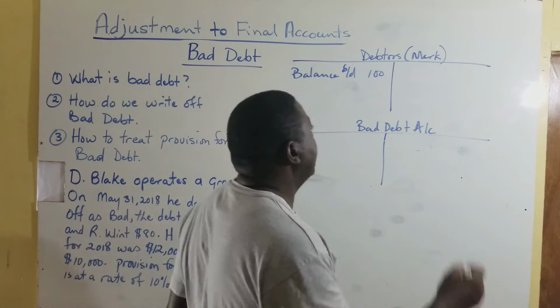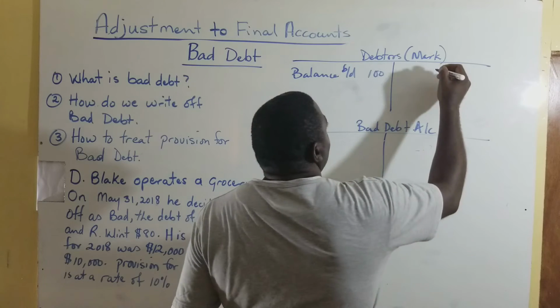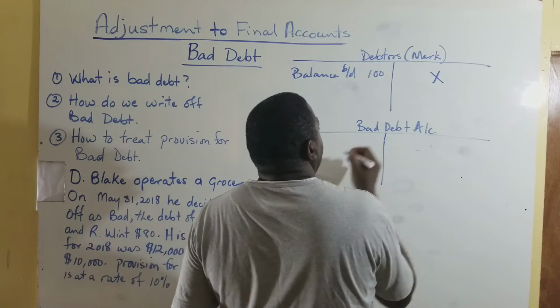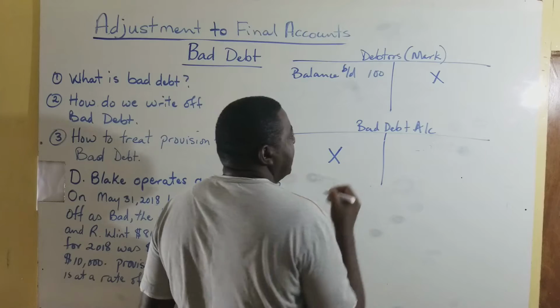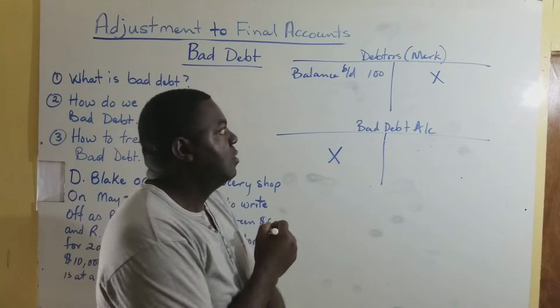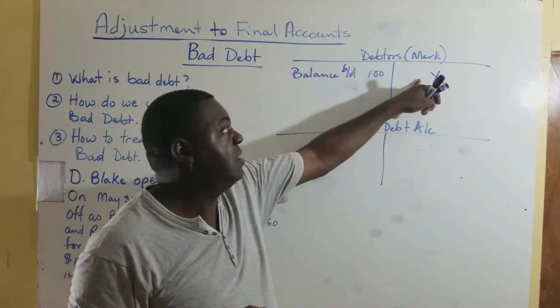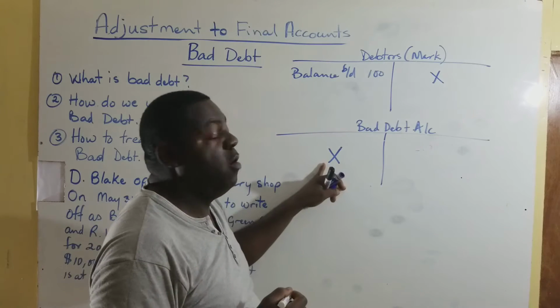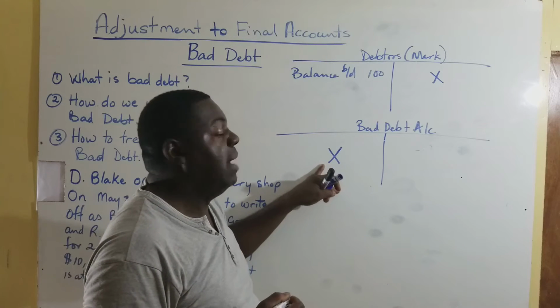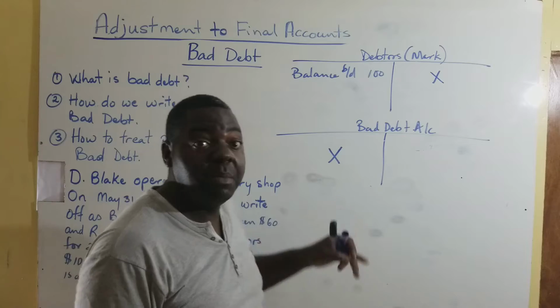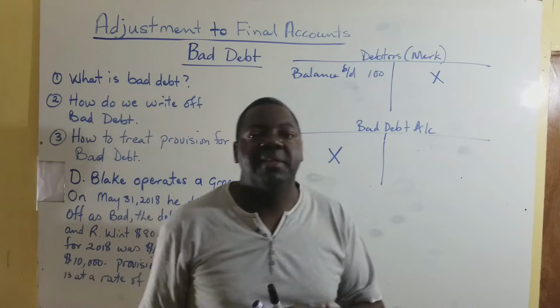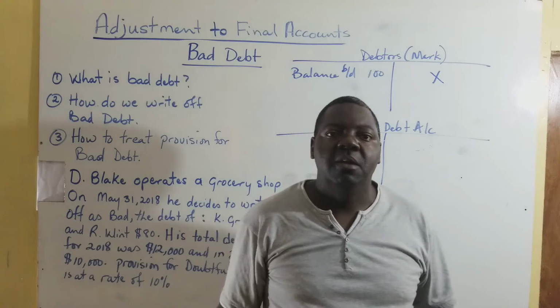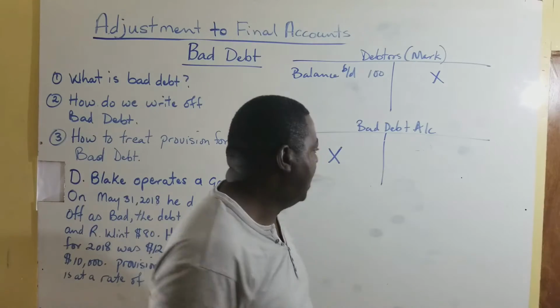To write off the debt, we must credit the debtor's account and then create the bad debt by debiting it. So we are taking it out of the debtor's account because we're writing it off. And we're creating a bad debt account by debiting it because it's an expense. And remember, assets and expenses are treated the same way, right? They carry a debit balance.